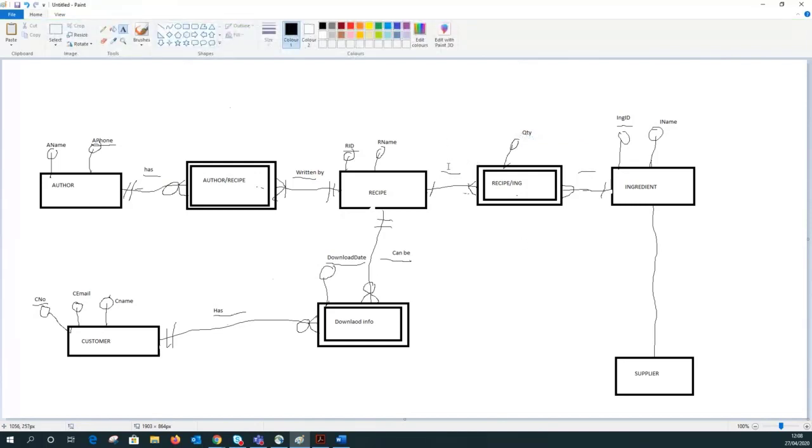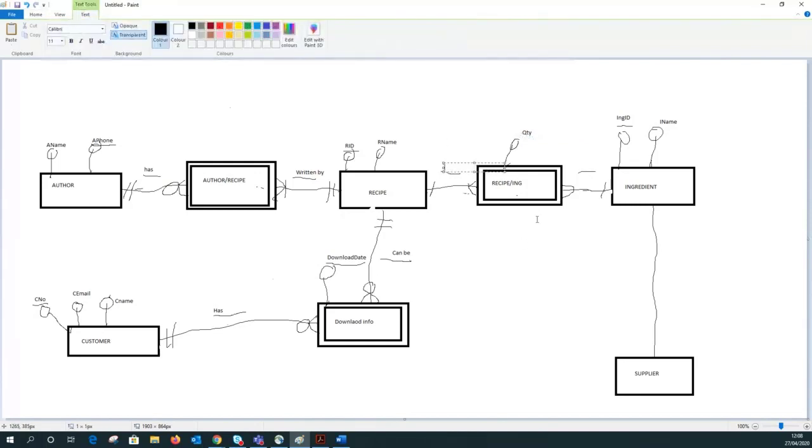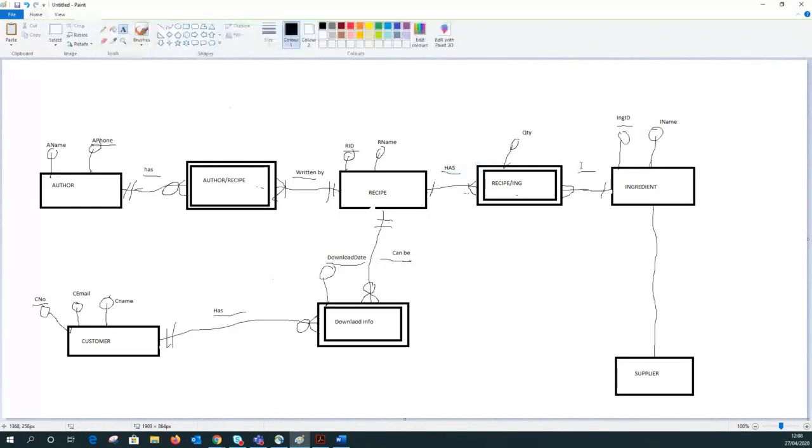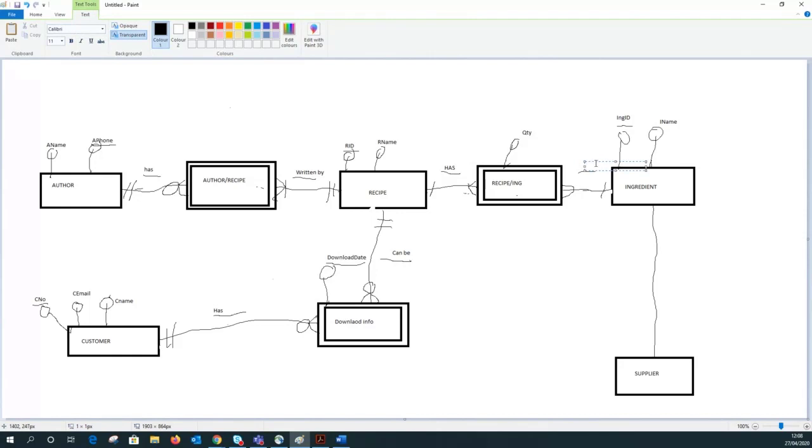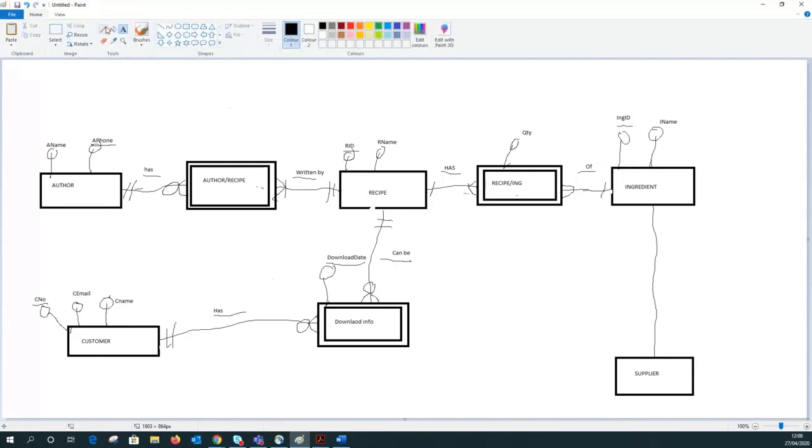Right. So now let me write the relationship names. So one recipe has, I just put has, and one ingredient, just put something like that. Right, so we identified the cardinality relationships, so let's put the cardinality constraints. So if there is one recipe, it must have one or many ingredients, isn't it?